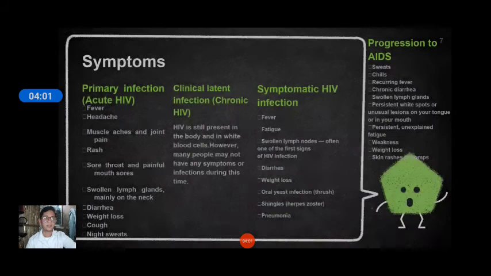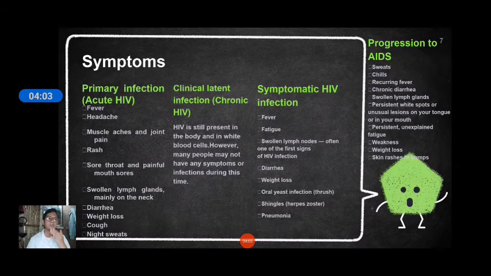So now, here are the symptoms that the HIV causes. So we have here under the primary infection or the acute HIV, you can see fever, headache, muscle aches and joint pains, rash, and also in the clinical latent infection or the chronic HIV.